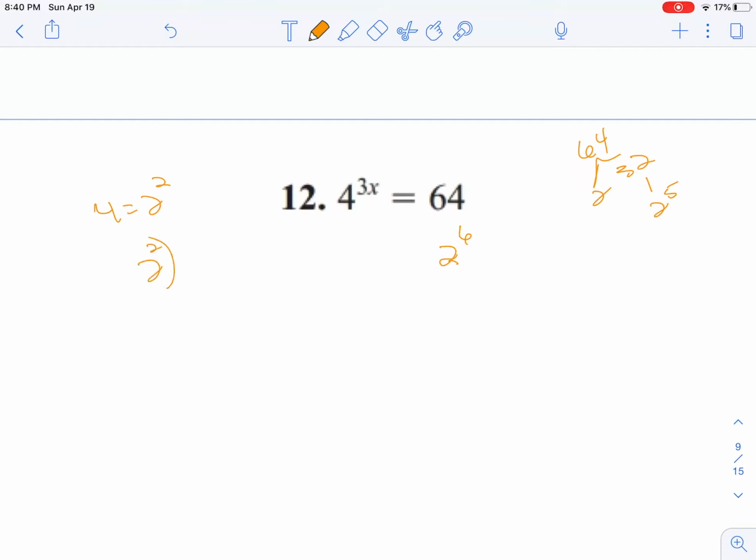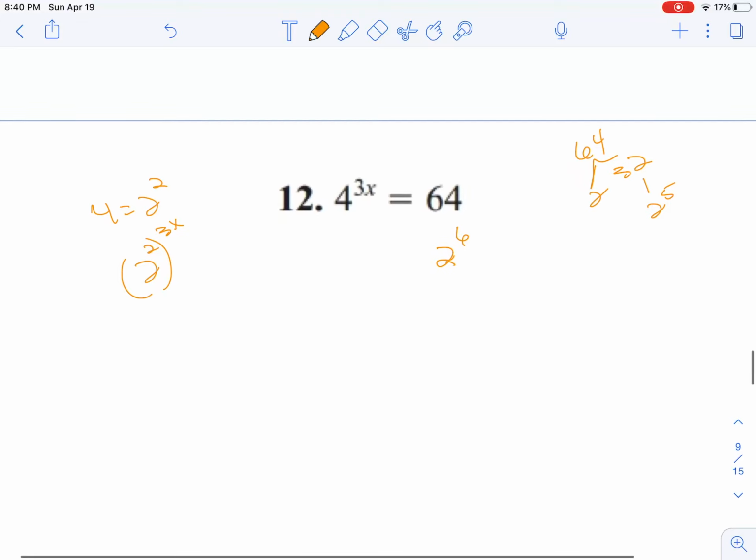So 2 squared, and we need to raise that to the 3x power, right? So therefore, this is 2 squared to the 3x equals 2 to the 6th. This is 2 to the 2 times 3.